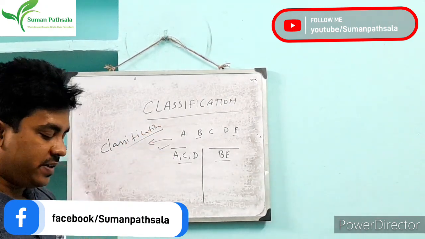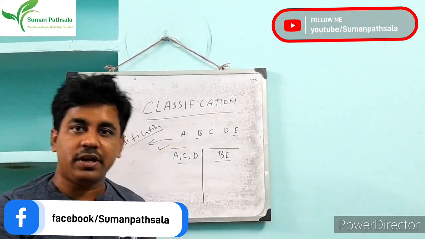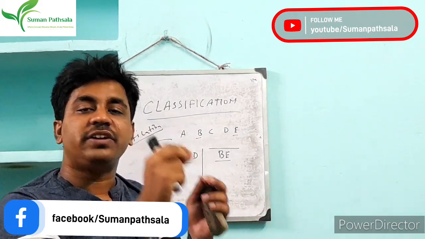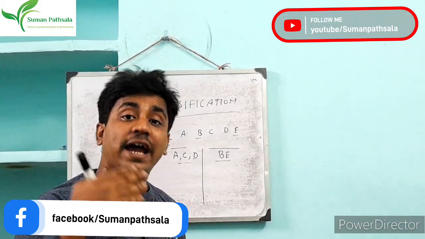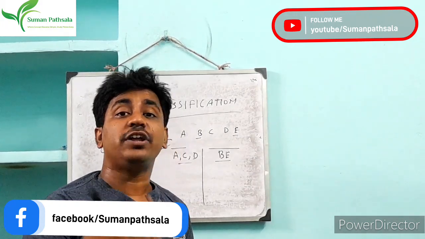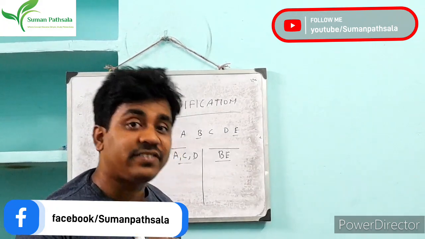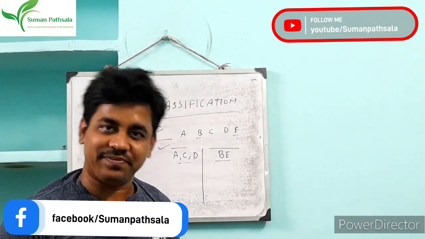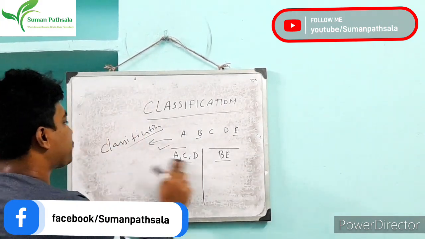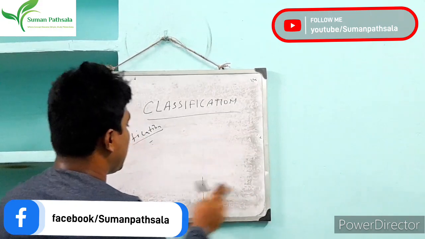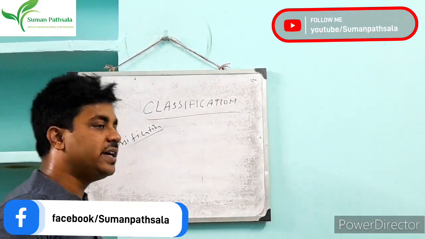Understand? So what we understand is, if you divide all the organisms into different groups according to their affinities, their characters, or their relationships, that is called classification. Clearly? Suppose I give you another example.